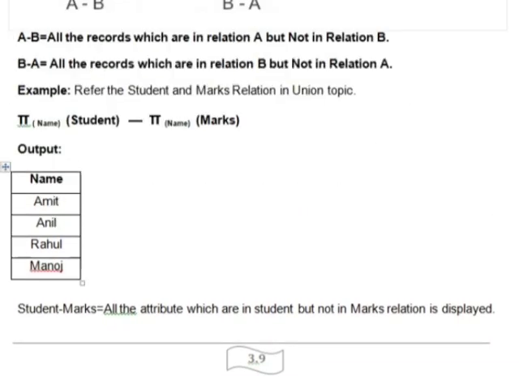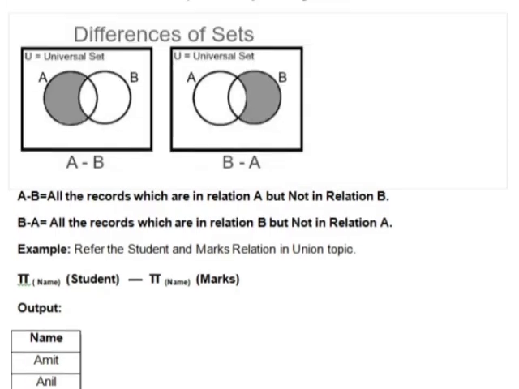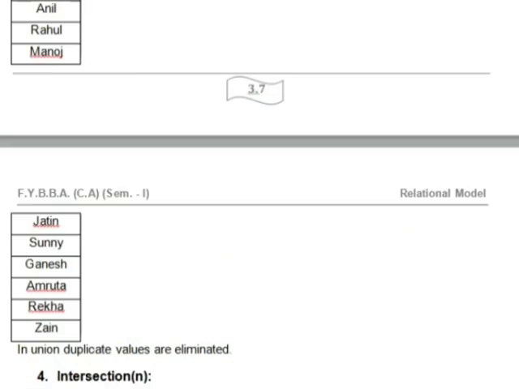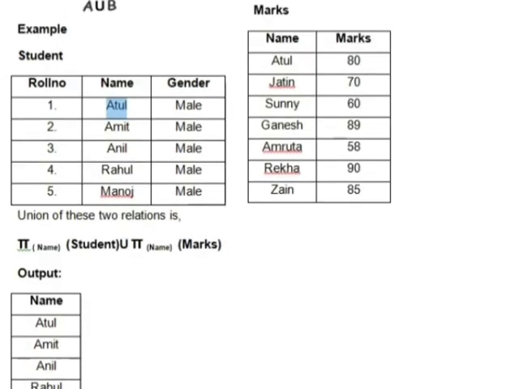Now suppose I want to find marks minus student. What will be the output? All the attributes from the marks table will be selected, and then we remove the attributes which belong to the student table. Taking the same example, we have names Atul, Jatin, Sunny, Ganesh, Amruta, Rekha and Zain in the marks table.